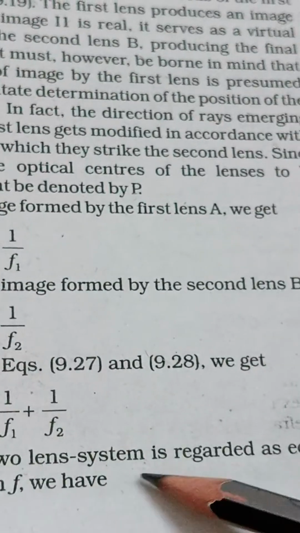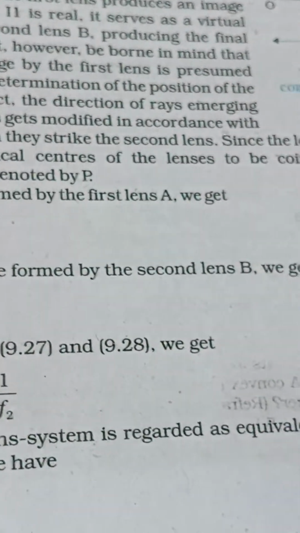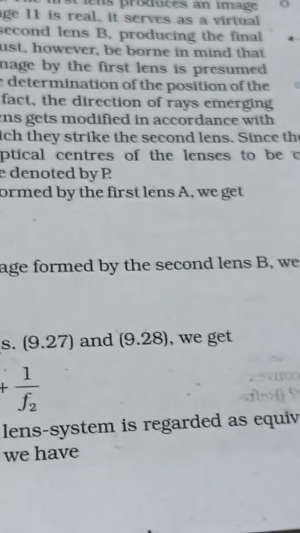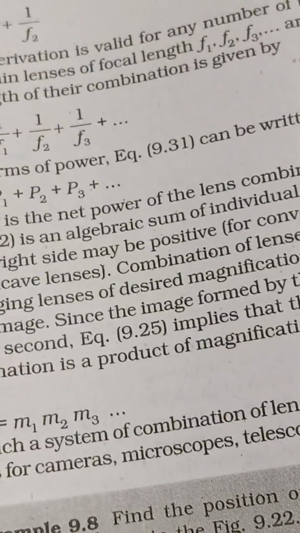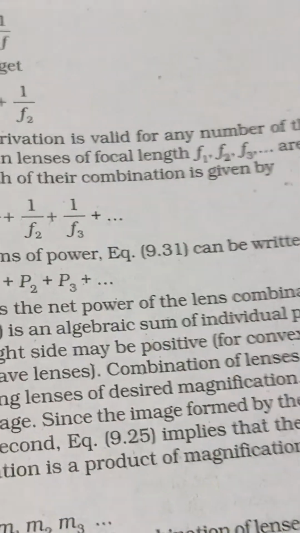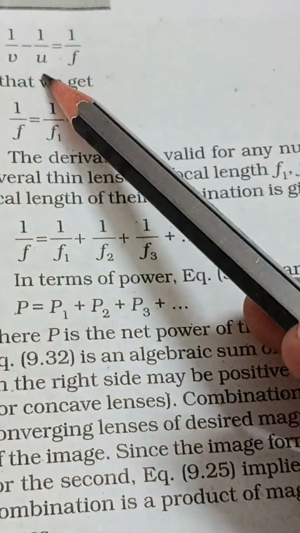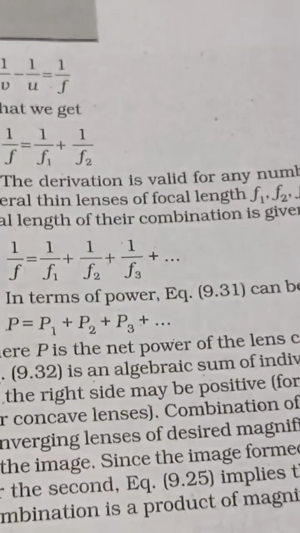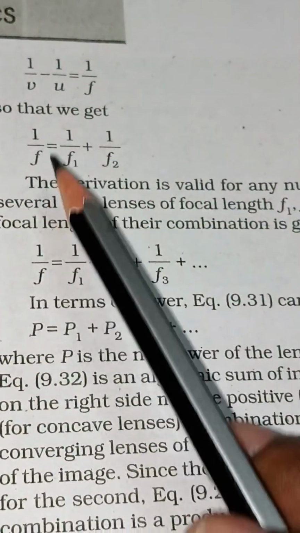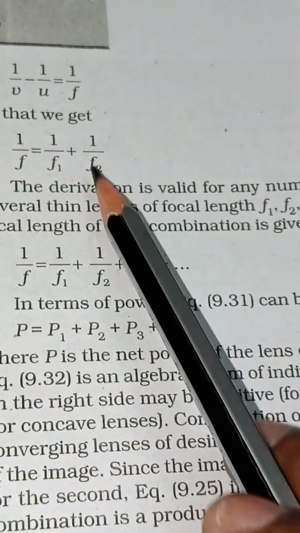If the two lens system is regarded as equivalent to a single lens of focal length f, then 1 upon v minus 1 upon u is equal to 1 upon f, so that we get 1 upon f is equal to 1 upon f1 plus 1 upon f2.